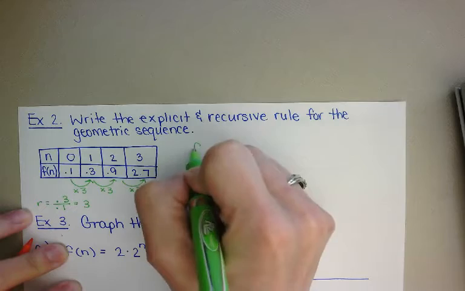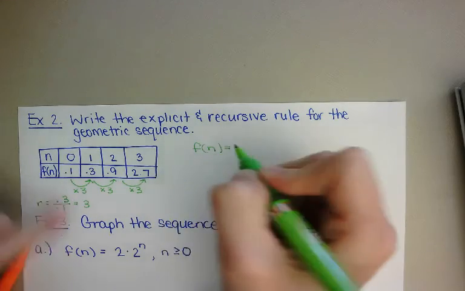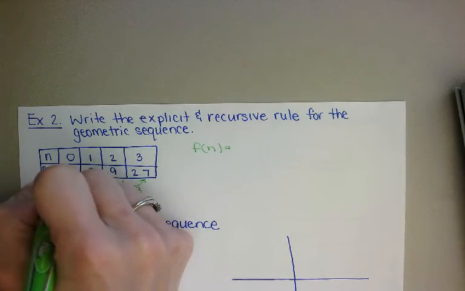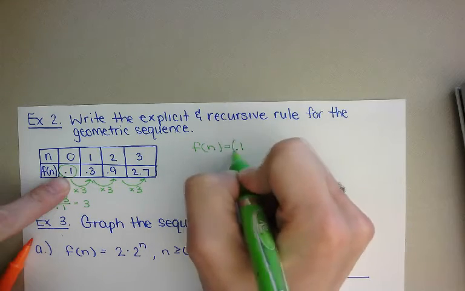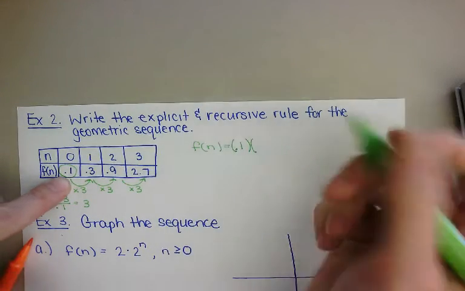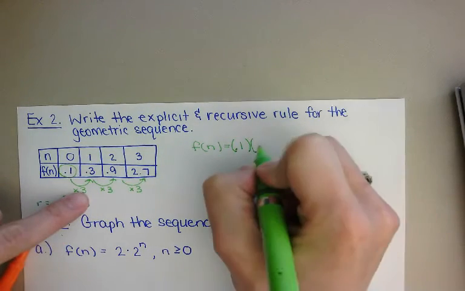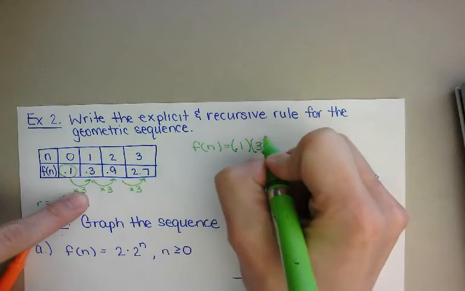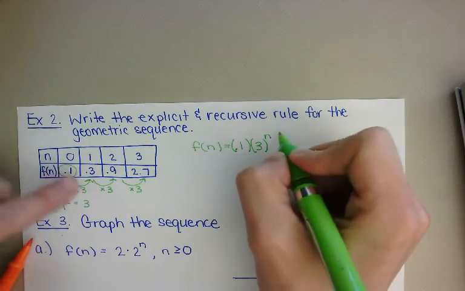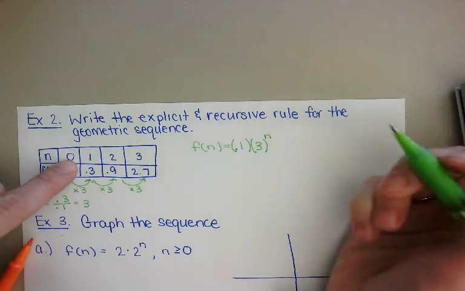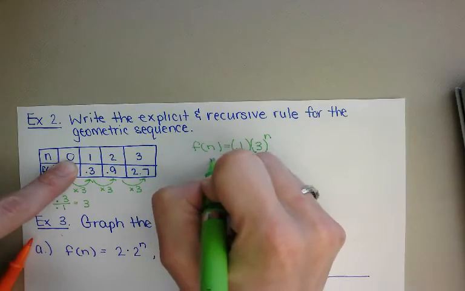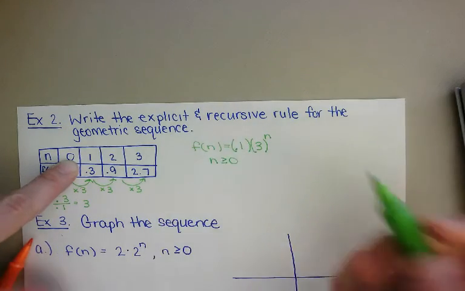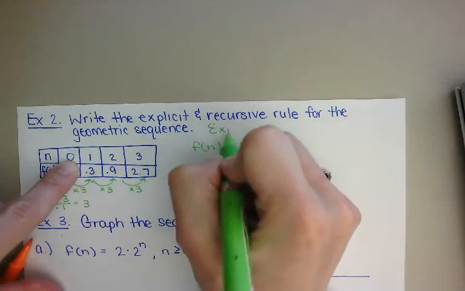So f of n equals our first term, 0.1, times, you can put parentheses around it, you don't have to, our r to the n minus 1 or n. This one's just going to be n. I could put minus 0, but that's not going to do anything. For n's greater than or equal to 0, so that's my explicit.